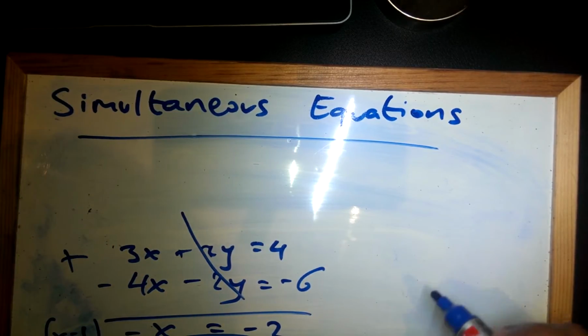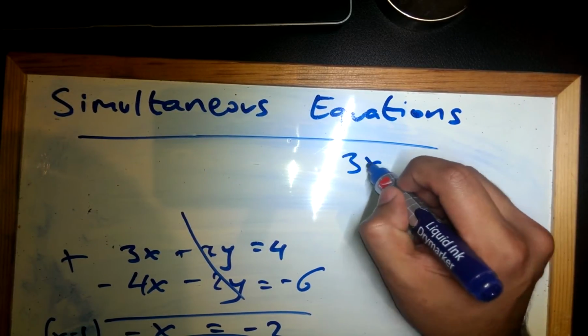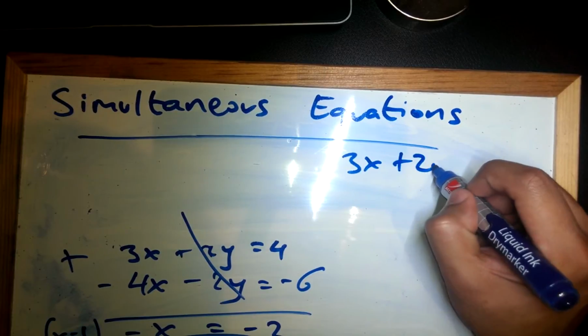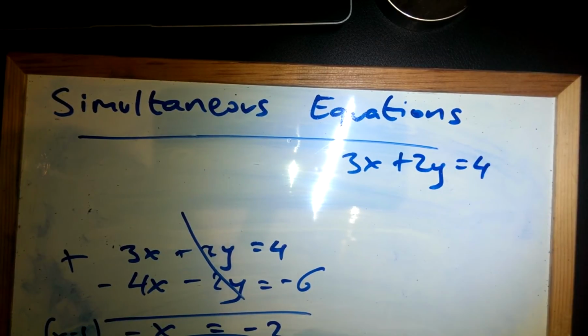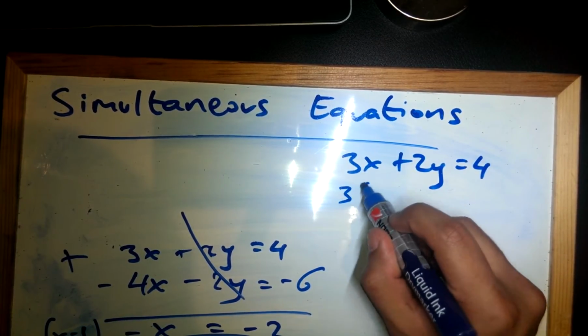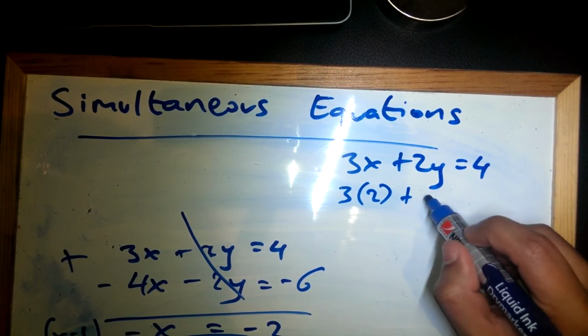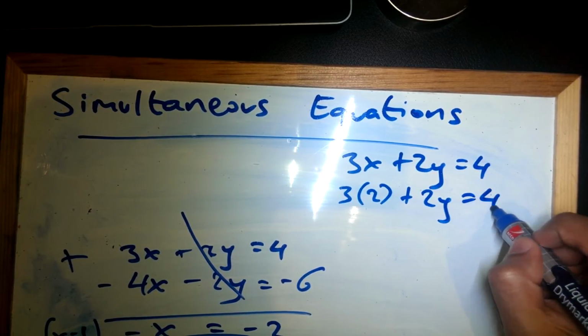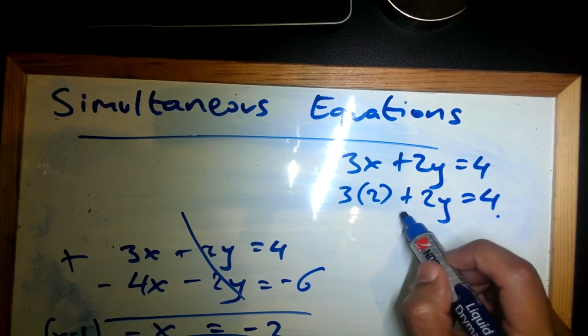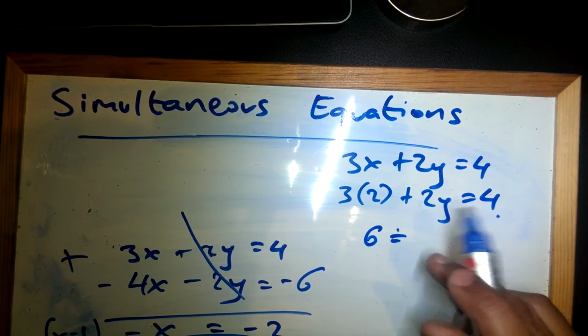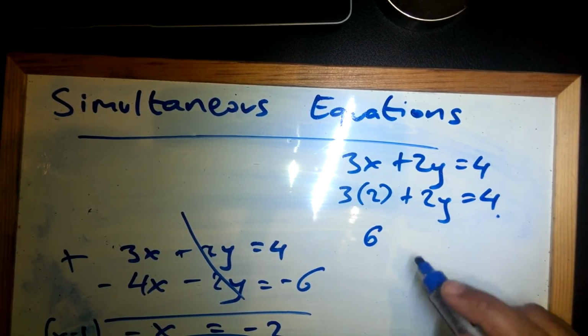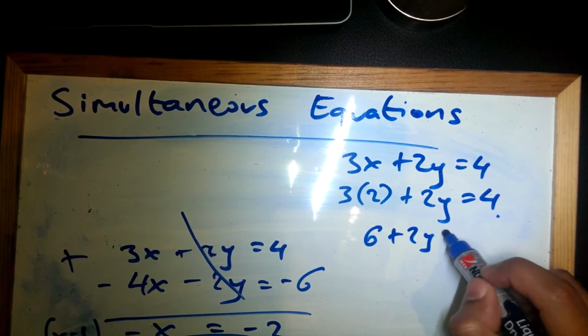And now I've found out that x equals 2, I can go back to that original equation and plug it in. It's 3 times 2, 6, plus 2y equals 4.